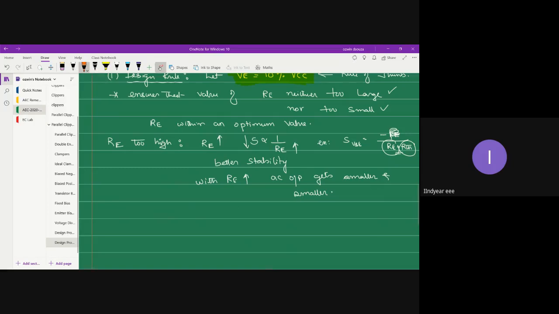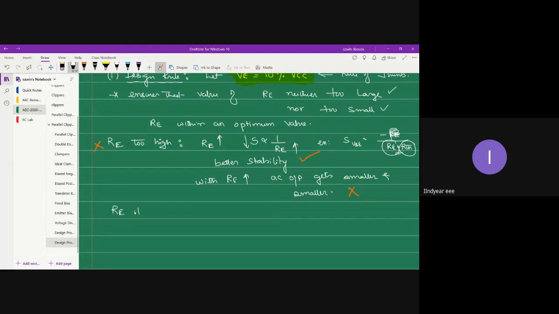So one way a higher value is helping you by improving the stability, but on the other side, your output voltage is going on reducing with the increment in RE. So it has something like pros and cons. So this cannot be your RE range.